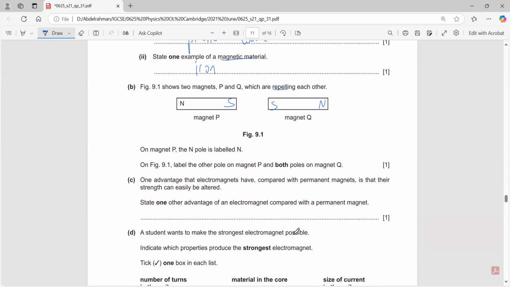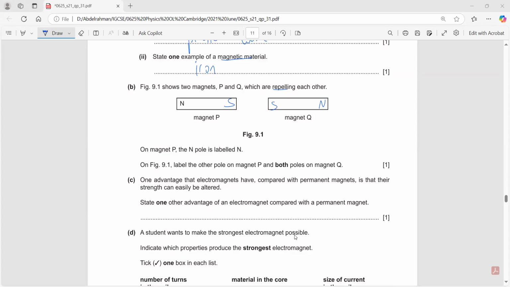State one other advantage of an electromagnet compared with a permanent magnet. Advantage of an electromagnet. Okay, someone's saying that it has a high strength. You can change the strength of the electromagnet.